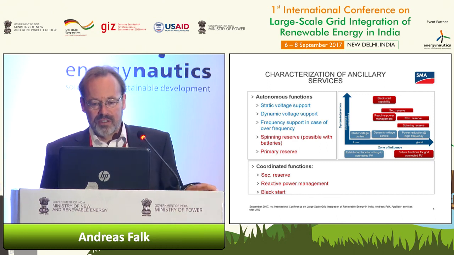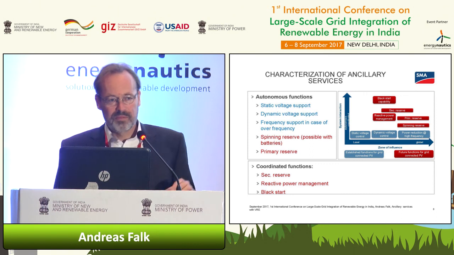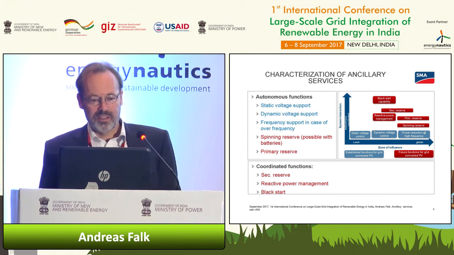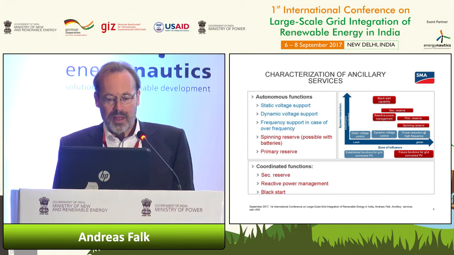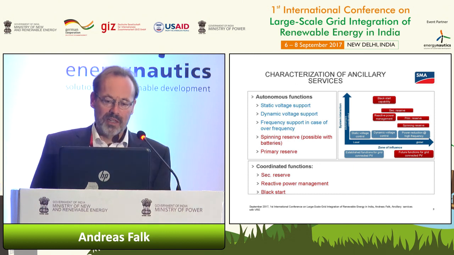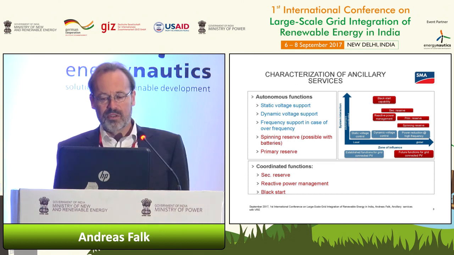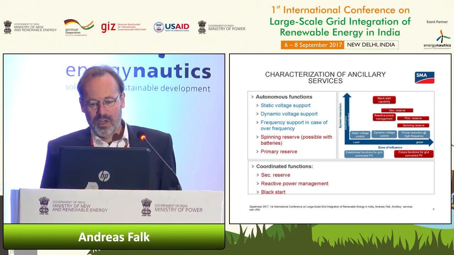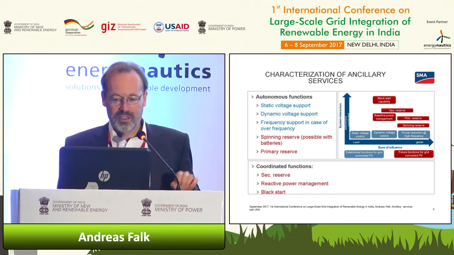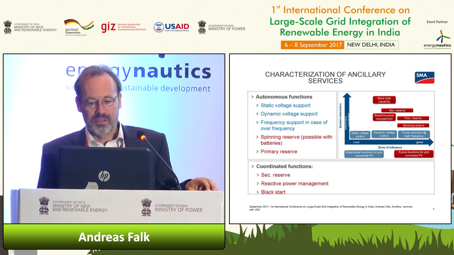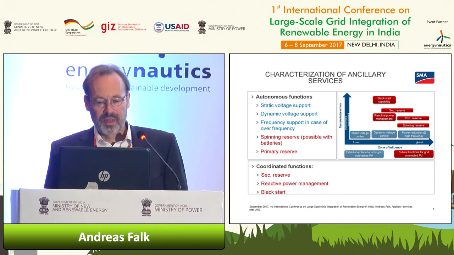And then we have the dynamic voltage support that is activated in case of failures. And that has mainly a local impact, but in case you have voltage dips on the transmission grid, a lot of units injecting reactive power may influence the transmission grid too.